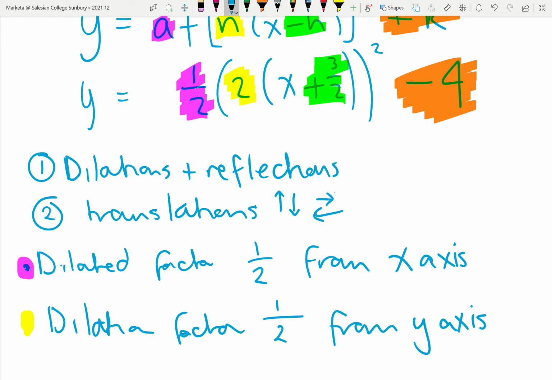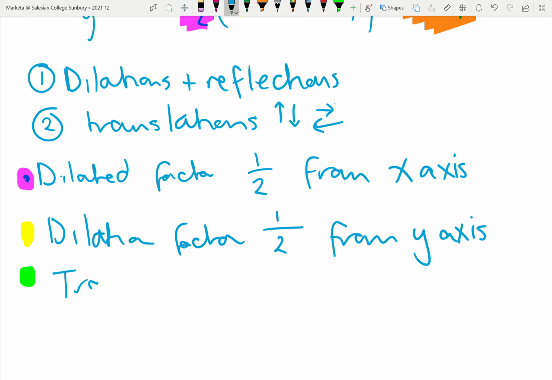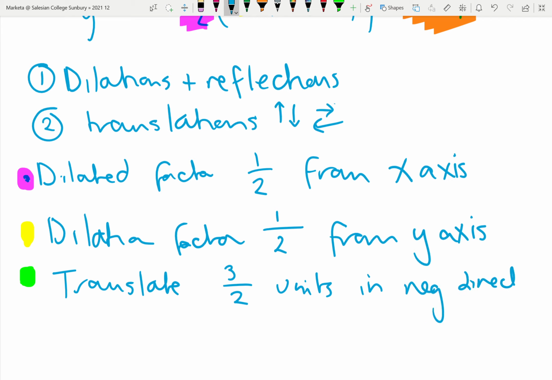So the next thing we can look at are the translations, and it doesn't matter which order you do them, but it makes sense to do it from left to right. So I'm going to do the green one next. That's talking about our translation along the x-axis. So we can say translate 3 over 2 units to the left, or in the negative direction of the x-axis.